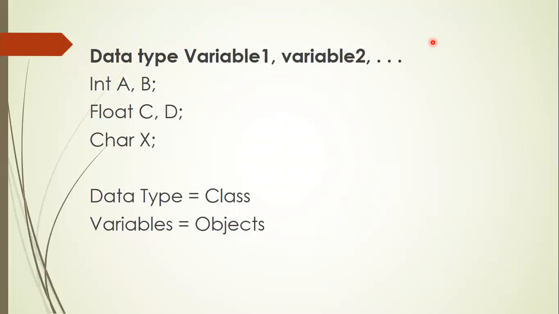If you make a one-to-one mapping between procedure-oriented programming and object-oriented programming, variable names in procedure-oriented programming are equivalent to object names in object-oriented programming. Similarly, data type in procedure-oriented programming is equivalent to class in object-oriented programming. So this is an analogy between POP and OOPS.